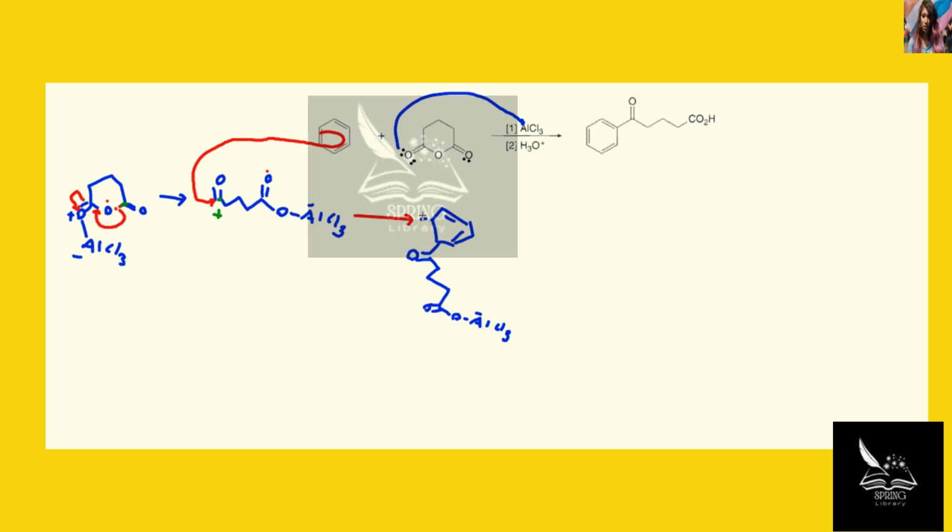So now we have a carbocation now in the benzene ring being formed, and we can use any base from the reaction, any sort of base that's in the reaction mixture, to pick up this proton to reform aromaticity in our benzene ring.